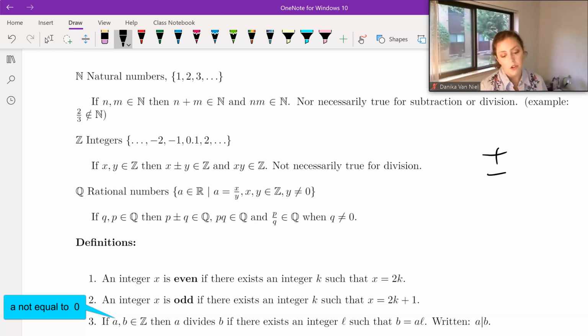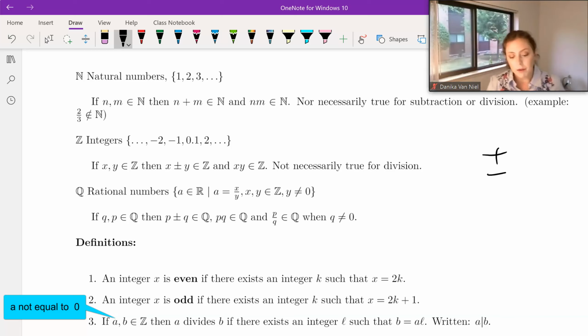Similarly, an integer x is odd if there's an integer k such that x equals 2k plus 1. You could also define this as 2k minus 1, because if you think about integers, every other integer is odd and then even, odd, then even. We just keep going forever and ever. If you go 1 up or 1 down from an even, you're going to hit an odd.